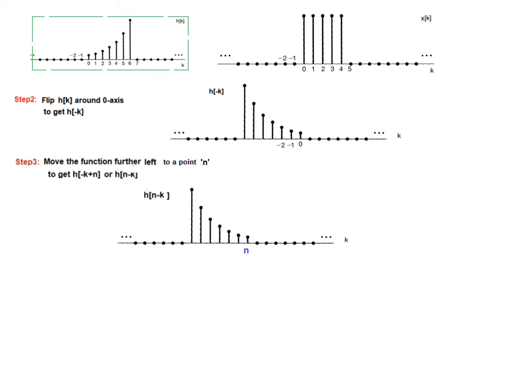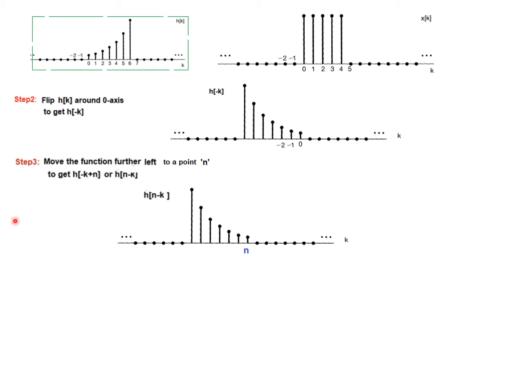The third step is to move the function further left to a point n. We don't know where the point n is, we just say any point n. So we are moving it to a point n, and our signal will now be named h[-k+n], or we can say h[n-k].